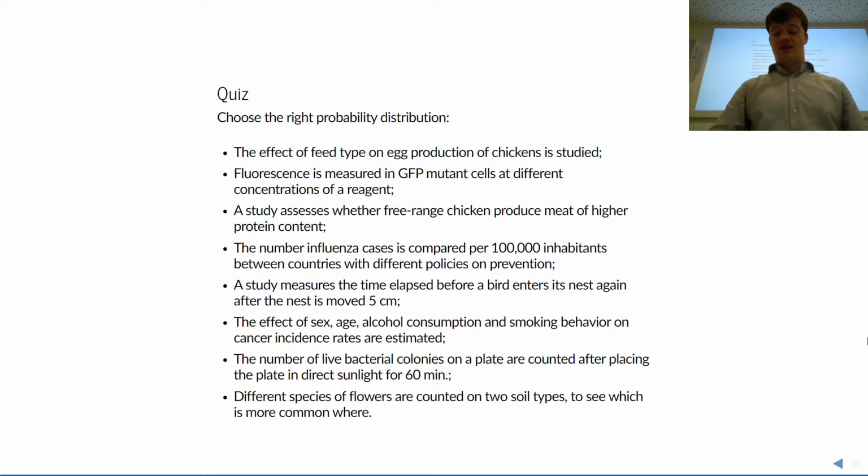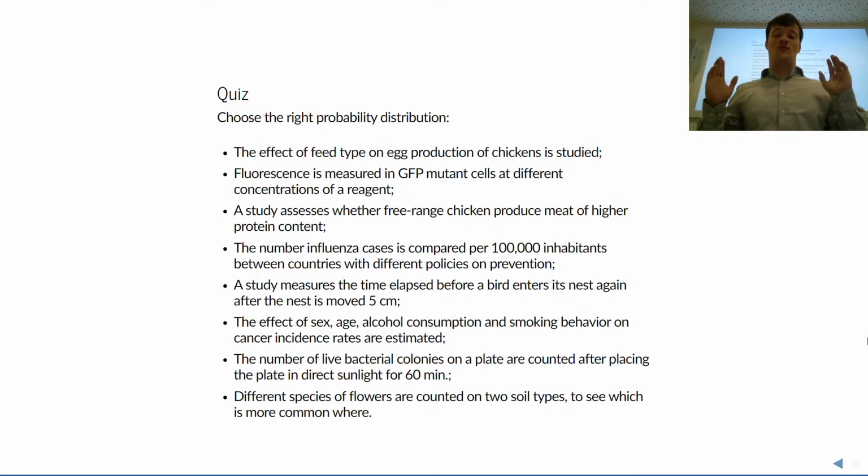And in that case, I would not go with a normal distribution. It could work if you take the logarithm, but the problem with time is that maybe the first bird takes 1 second to go back to its nest, and the second bird takes 2 seconds, 5 seconds, but another bird might be scared, might return after 5 minutes.